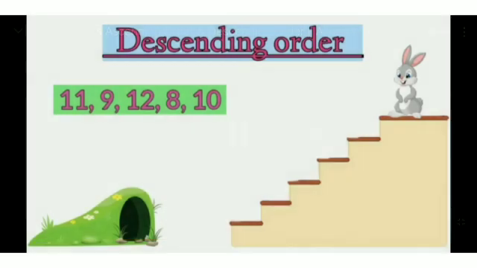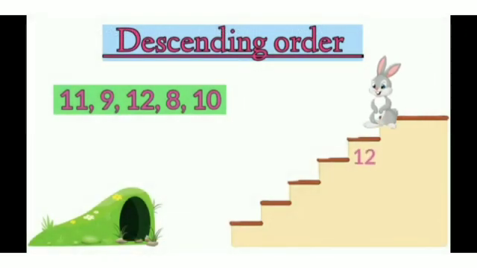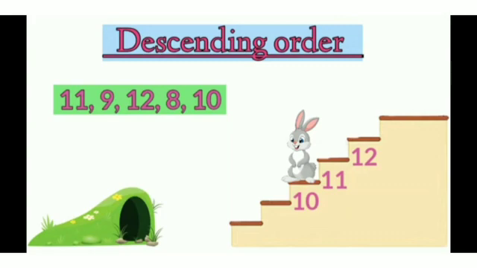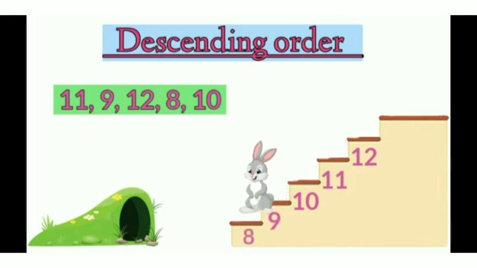So 12 comes on the top of the stairs. Next number will be 11. After that 10, then 9 and the smallest number is 8. 8 comes on the bottom. Understand beta?